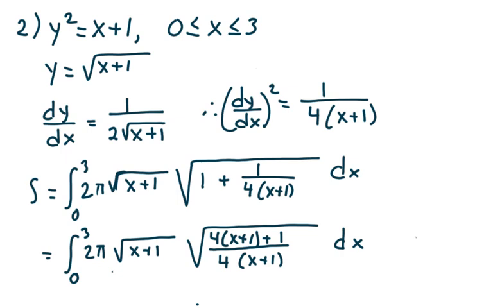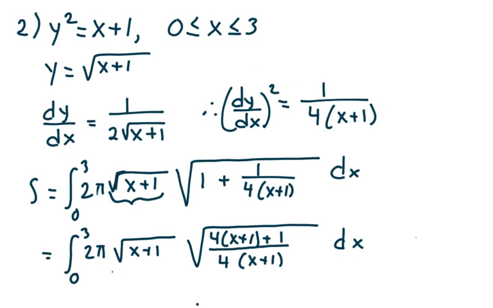So S is the integral from 0 to 3 of 2 pi y. This is y. And then we're going to multiply this by the square root of 1 plus 1 over 4 times (x plus 1). And remember, 1 over 4 times (x plus 1) is (dy/dx) squared. So I'm going to get a common denominator within the radical.